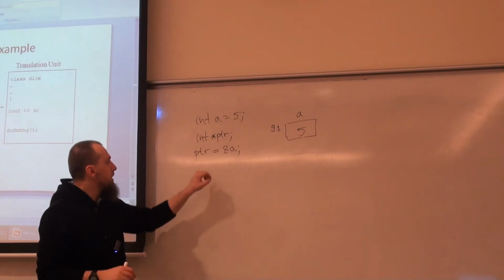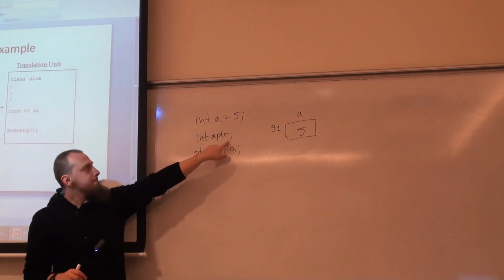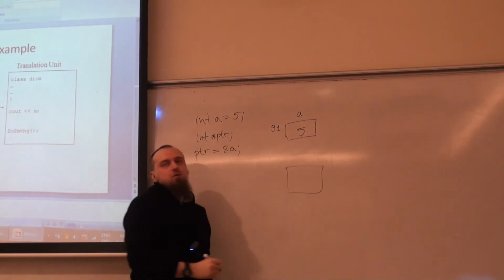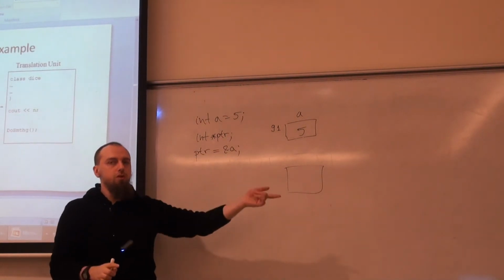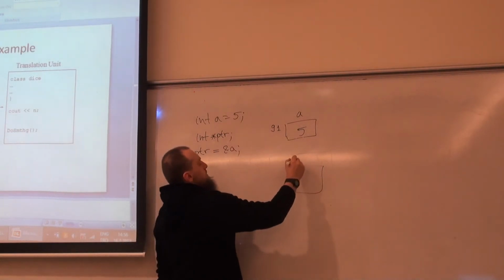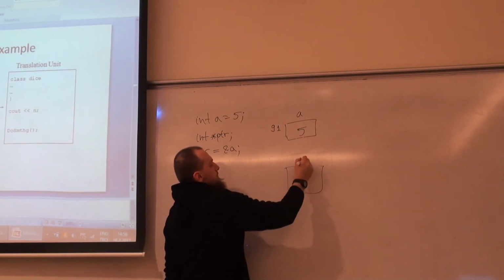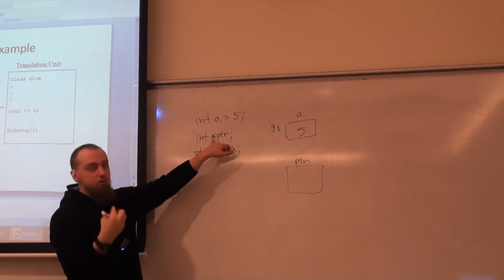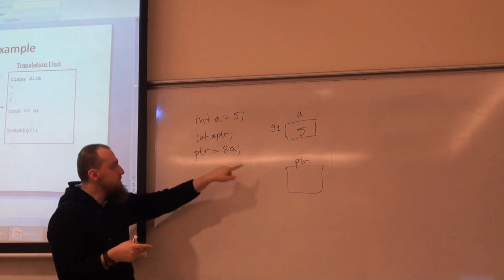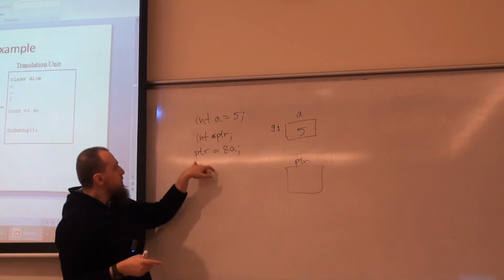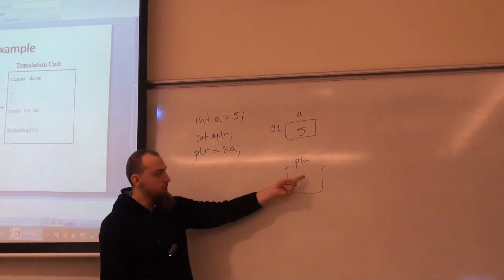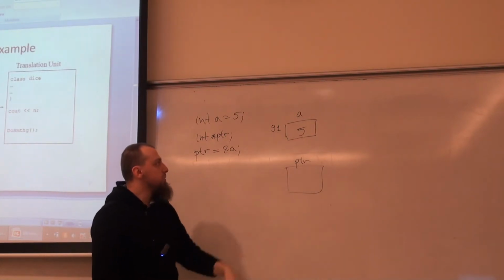So ptr, with this command here, I've created a new variable, but this variable is not an integer. This is a pointer to integer. It's not the same. Its name is ptr, not star ptr. This star is just to tell us that this is a pointer to an integer, but the name is ptr. With this command here, I'm saying that the value of this box here is 91.